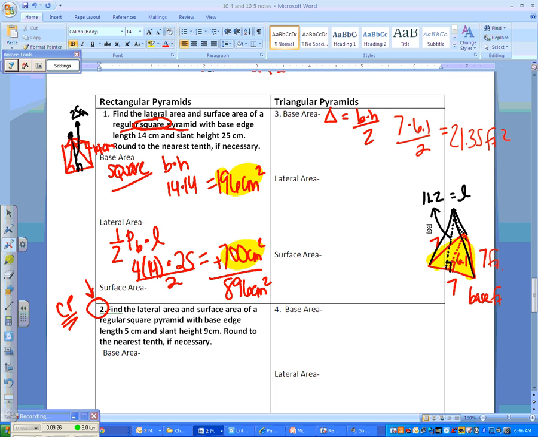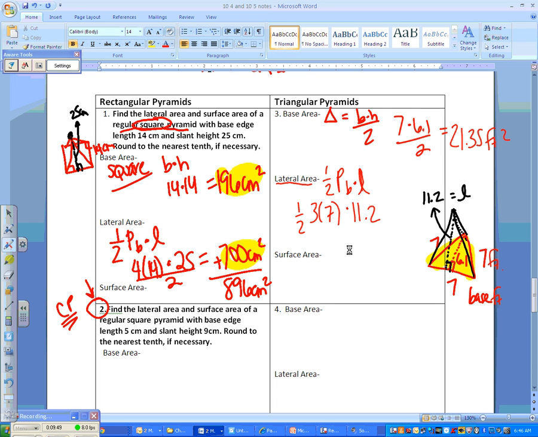CP, this is the picture you have on your packet. Lateral area, remember, it's half the perimeter of the base times the slant height. Okay, so if we go back to this base, the perimeter, we have 3 sides that are 7. And the slant height is 11.2.